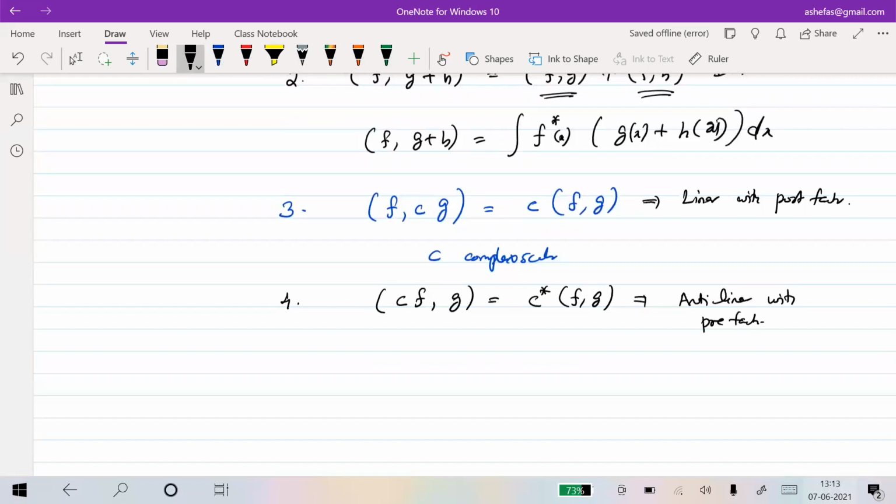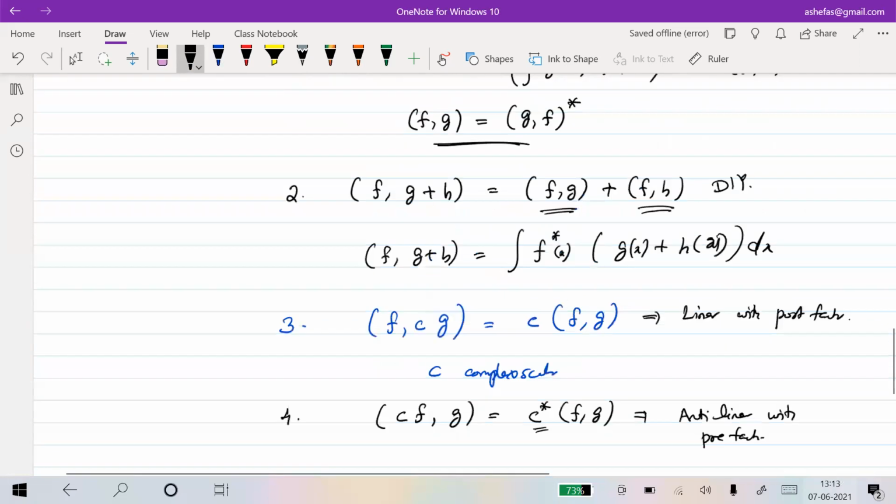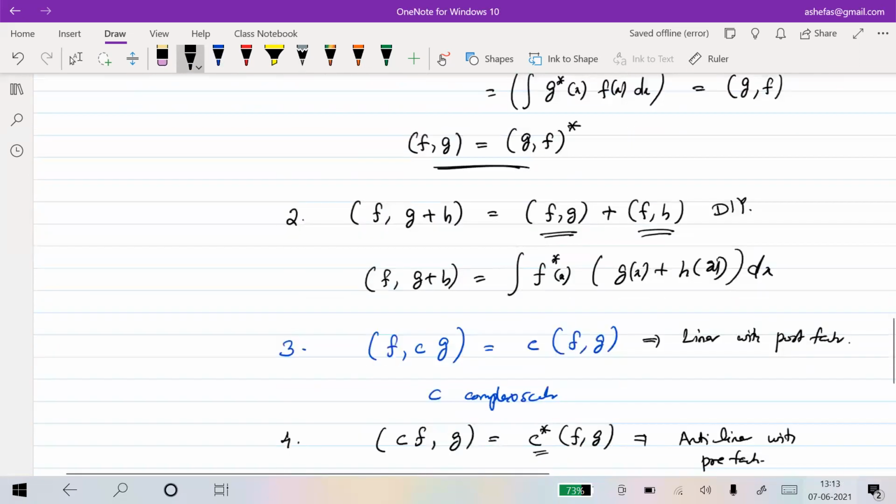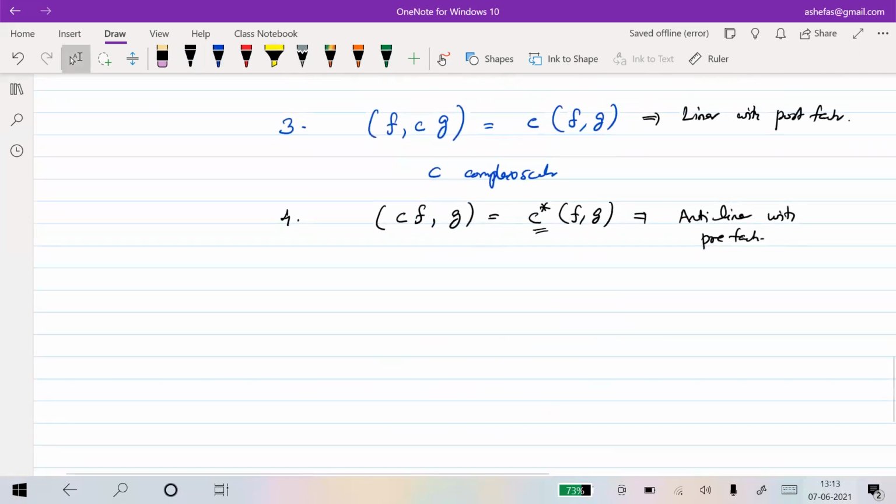If you are multiplying the complex scalar with the pre-factor, then when taking it outside, you have to take its complex conjugate outside, not the exact number. So that is the difference. These are the four properties of the inner product. Every inner product has to satisfy these conditions.